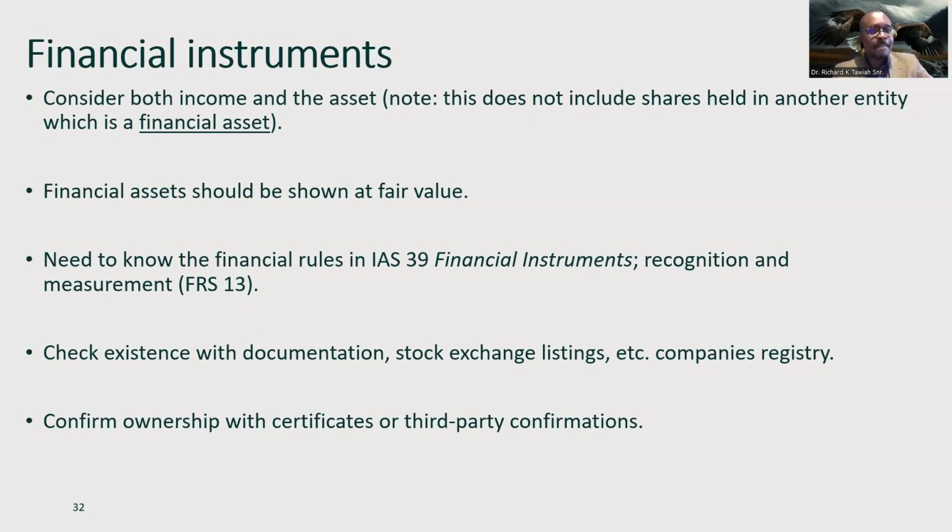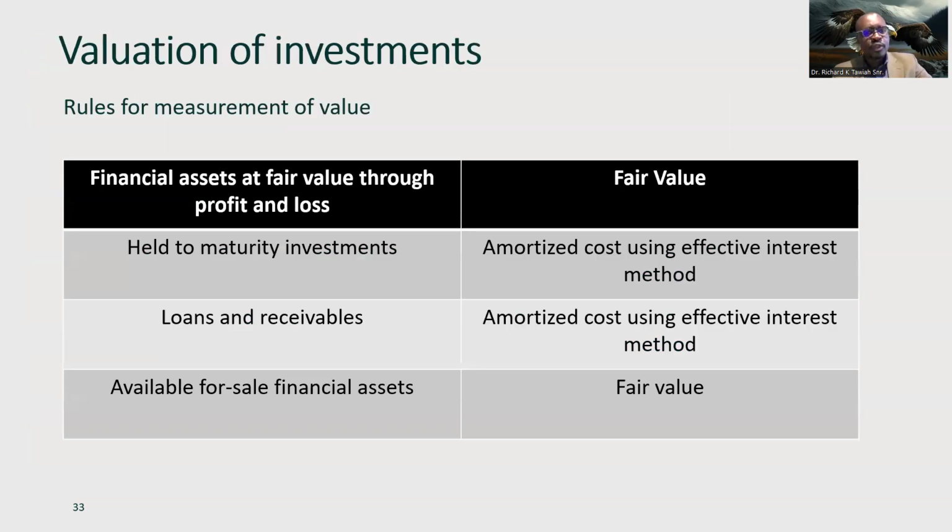Financial instruments, okay. So we need to understand the rules governing the financial instruments in terms of its recognition, its measurement, its presentation, okay. Check the existence with documentation, stock exchange listing, company registry, confirm ownership with certificates or with third-party confirmations.